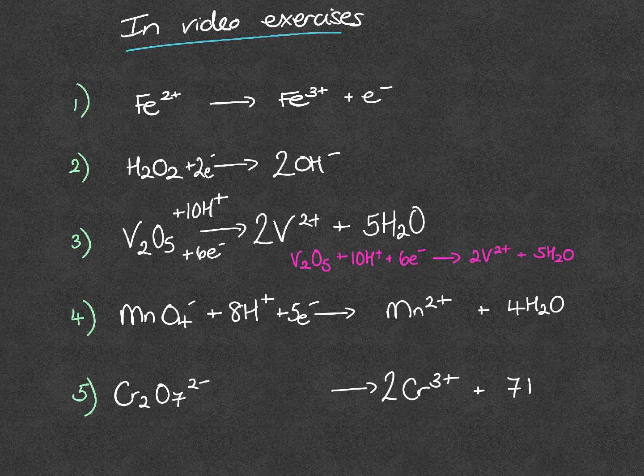We need 7 water molecules to get our 7 oxygen atoms, and that means that I'm going to need 14 H+ on the left. Then we've got to figure out what's happening with the charges. 2 minus 14 plus means that here on this side I've got 12+, and here on the right hand side I've got 2 times 3+, so I've got 6+. So I need to add 6 electrons to the left hand side.